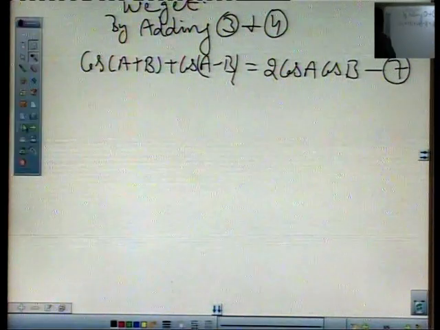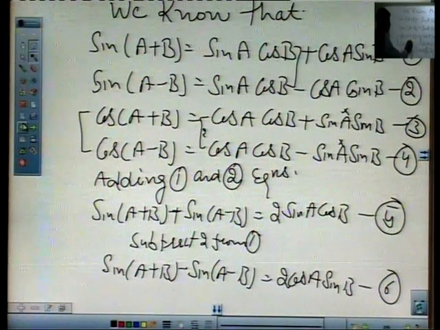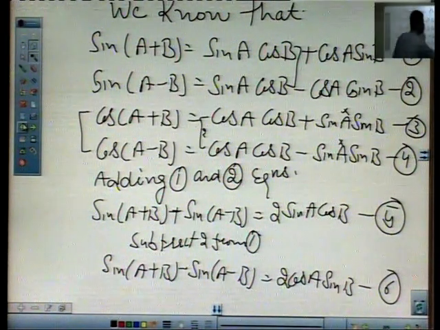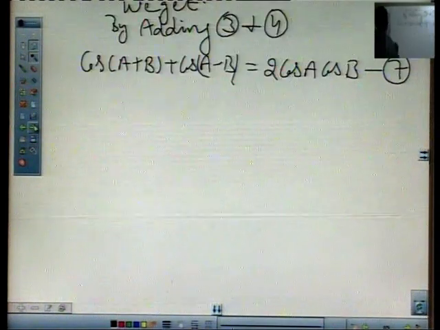Now, if we subtract equation 3 from equation 4, what will we get?